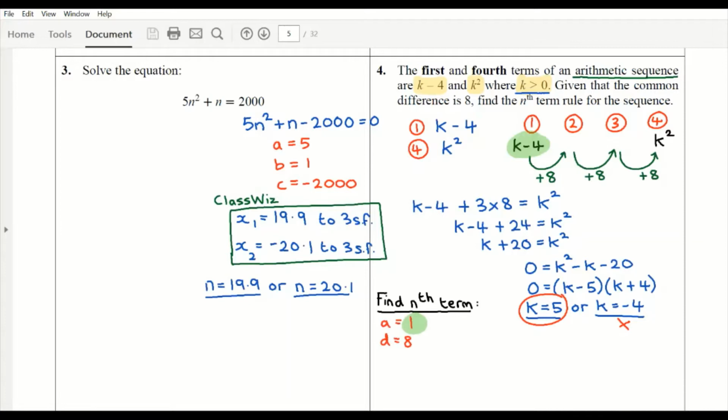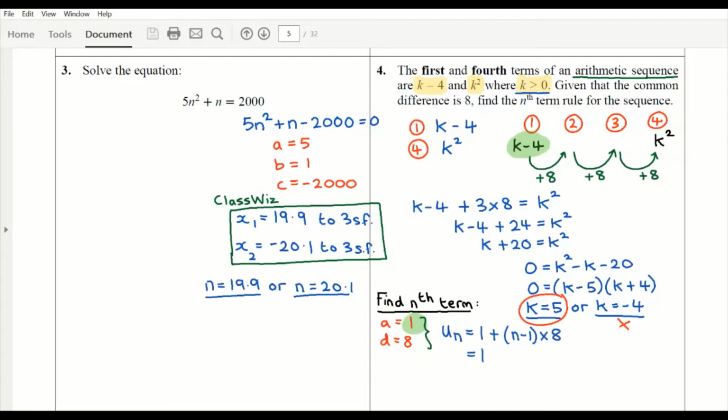Okay, and now we have the information. So we've got all the information now to find the nth term rule. So I'm going to use the formula now. So un is going to equal a plus n subtract 1 multiplied by the common difference, which is 8.